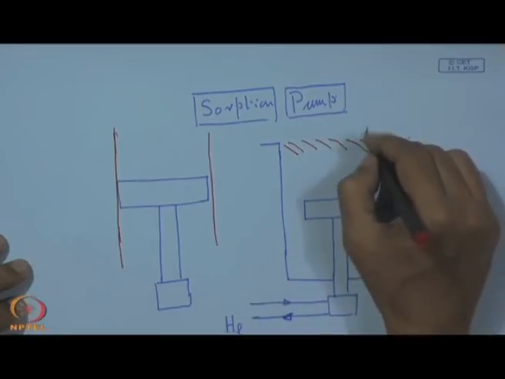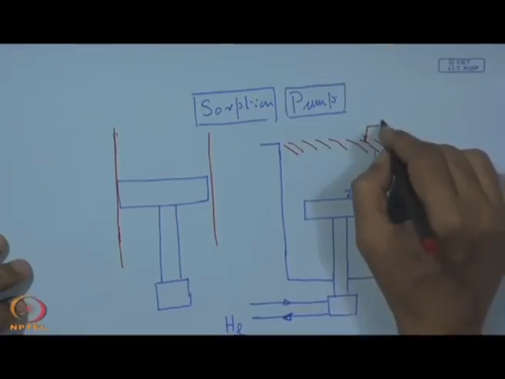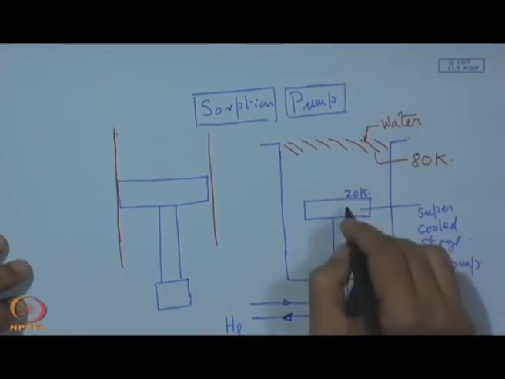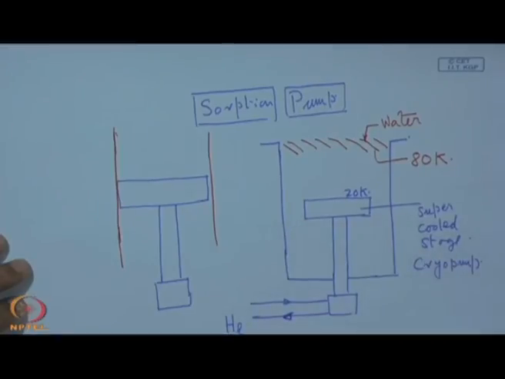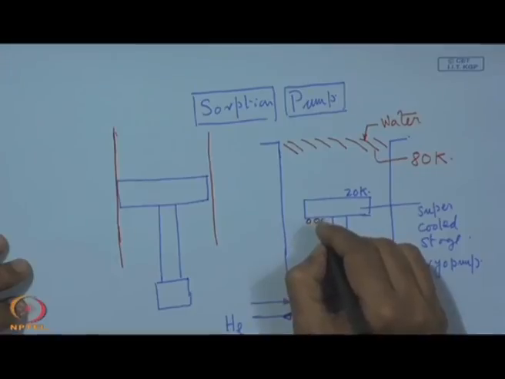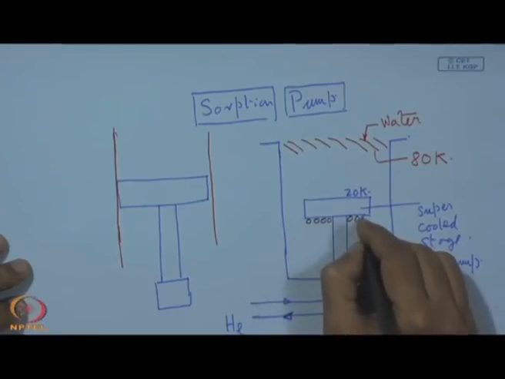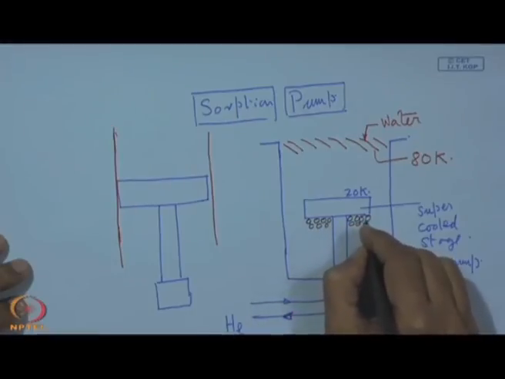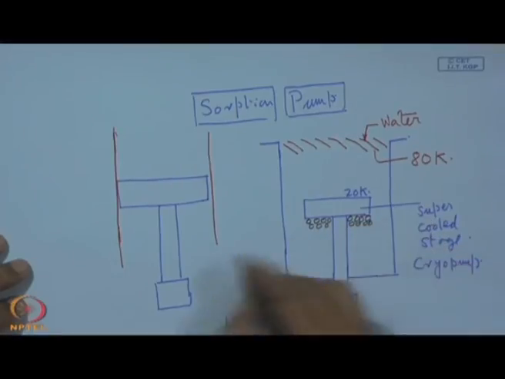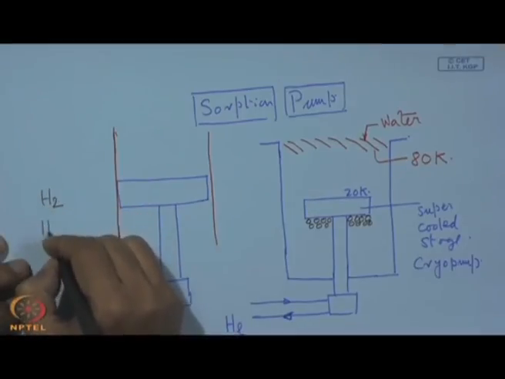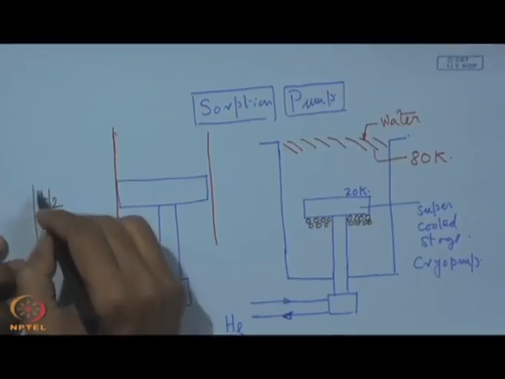So, these surfaces are used for condensing water, that means trapping the moisture, and this surface is for trapping all sorts of gases. So, here the gases will be adsorbed on these surfaces, except hydrogen and helium.